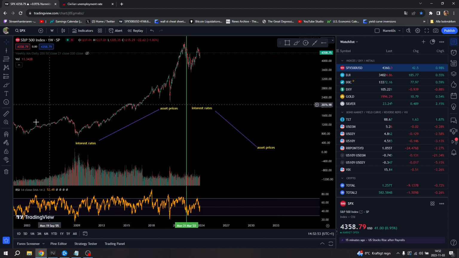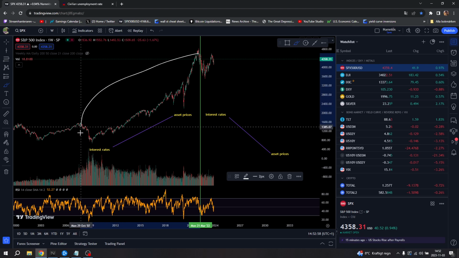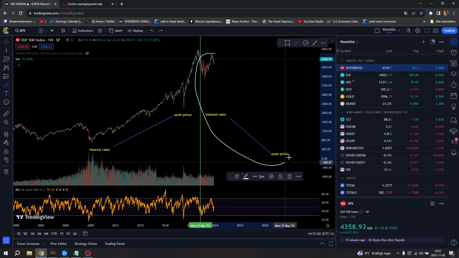Okay? So on this side of the chart, this is what my generation is used to. This is what they're used to. That type of environment. But this is what we're heading into right now.